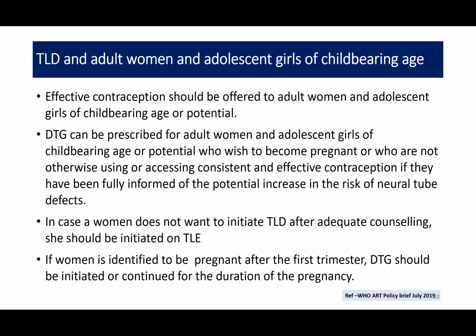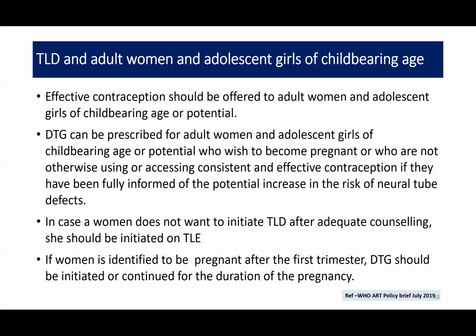So it clearly says that it is not a contraindication in the childbearing age group, but everything needs to be explained properly. And for those who wish to avoid unplanned pregnancies, you may offer them contraception methods. So in case a woman does not want to initiate TLD after adequate counseling, the next option available with us will be TLE.